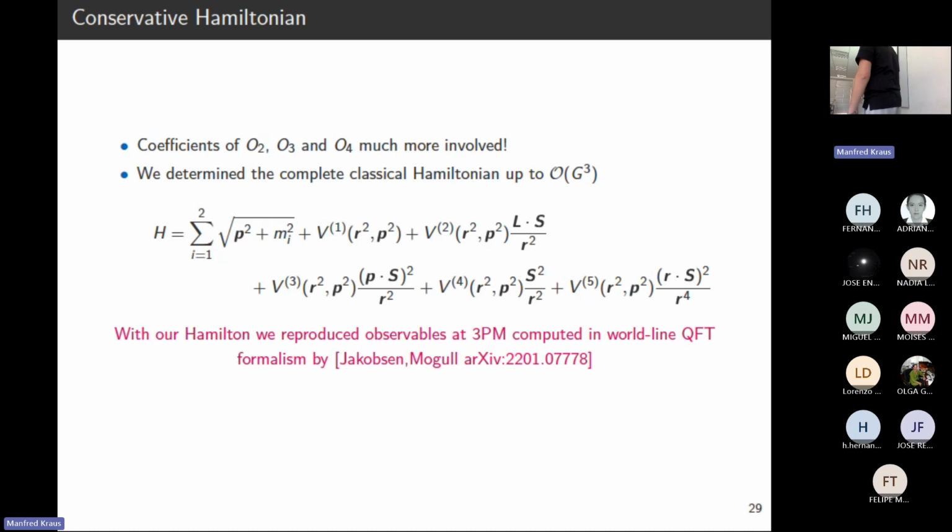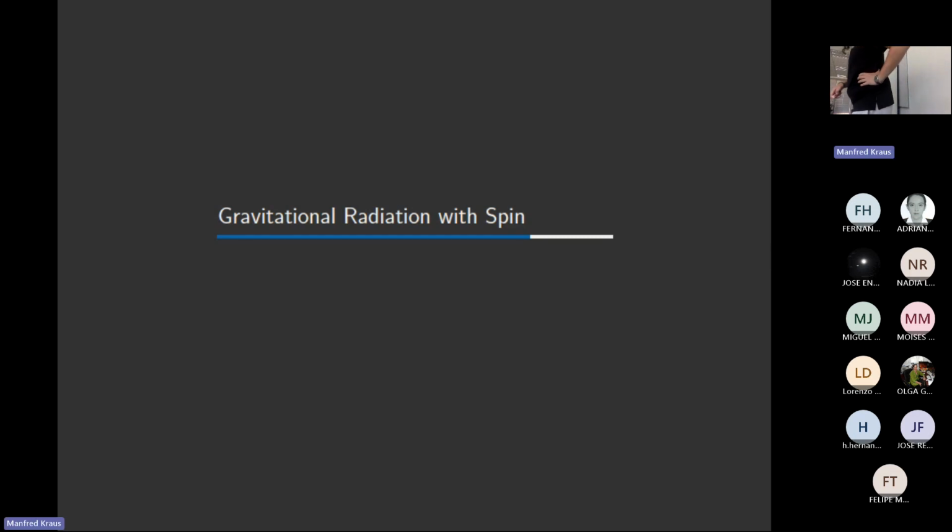But when we checked our calculation, we used this Hamiltonian and computed some specific observables, and we found complete agreement with a different approach that uses a completely different method, which is called the worldline quantum field theory. So this is all that I want to tell you about the Hamiltonian. And now very briefly, I want to talk about gravitational radiation.